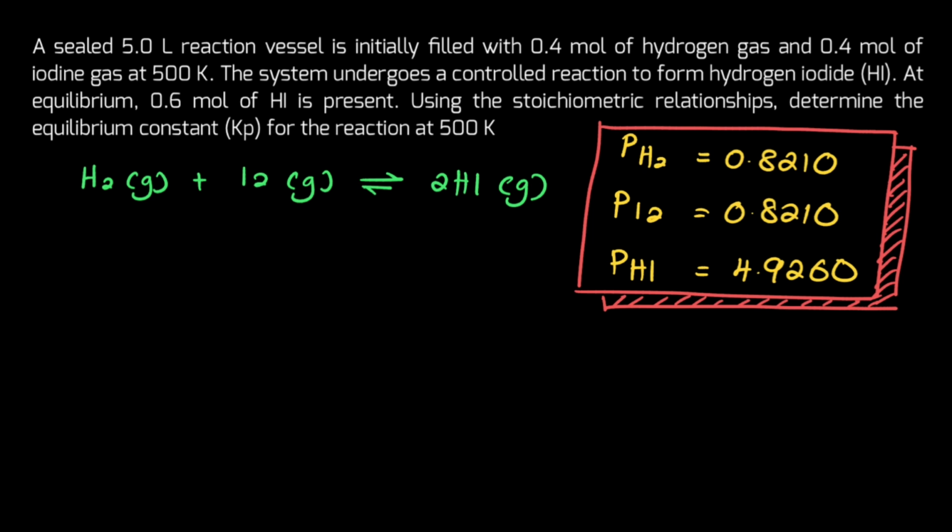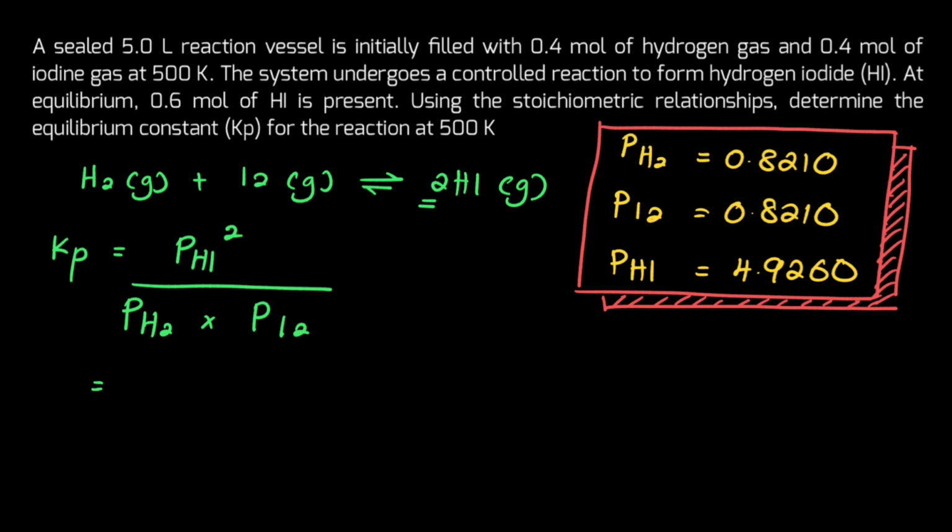Moving on, looking at this equation, we can calculate the Kp. The Kp is whatever is in the product divided by whatever is in the reactant. Your product is HI, so the partial pressure of HI, because you have 2 here, to the power of 2, divided by the partial pressure of H2 times the partial pressure of I2.